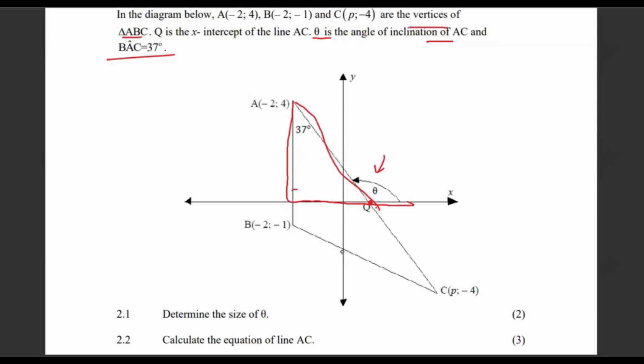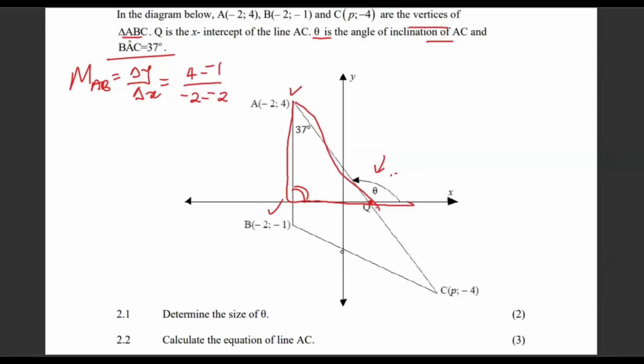So what I need is for me to get this angle. I have this, I have that. So I can use the gradient to find the inclination angle, and then I plus the 37, and then I have my theta. Okay, so I'll say the gradient of AB, you said change in Y over change in X. So it's going to be 4 minus minus 1 over -2 minus minus 2.